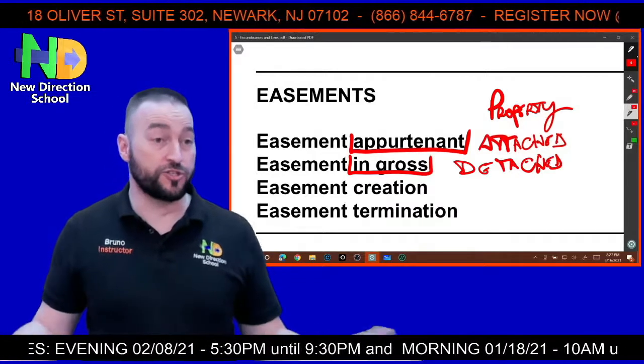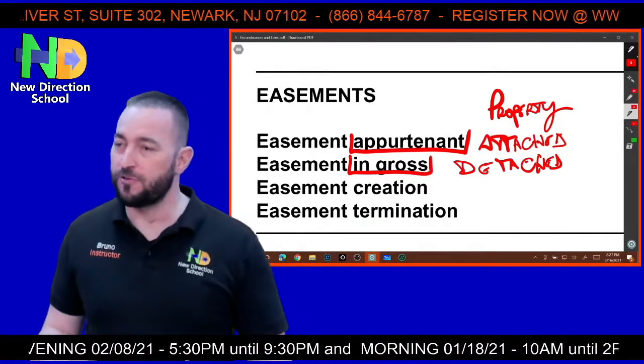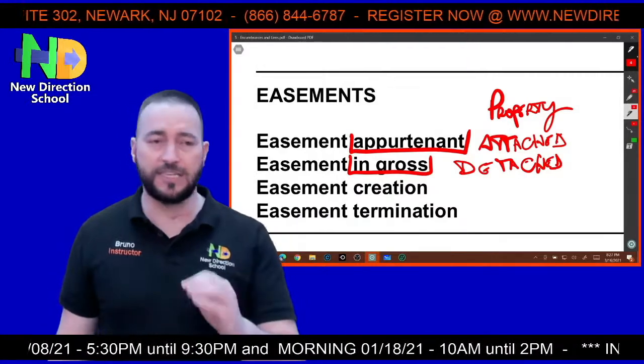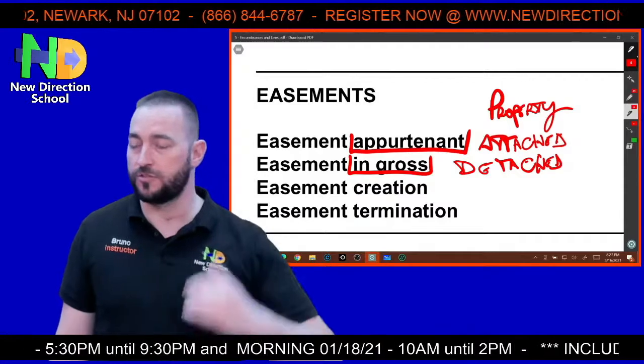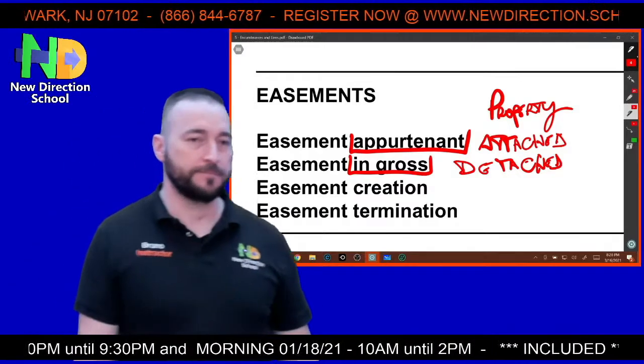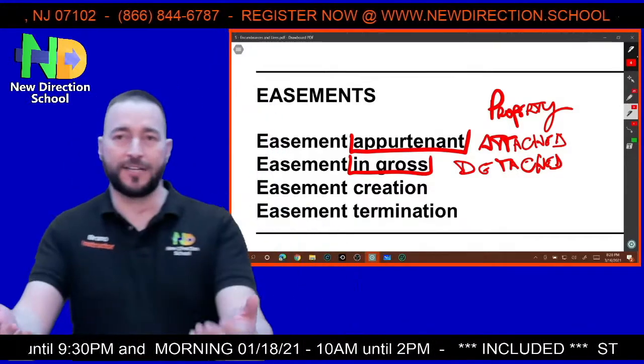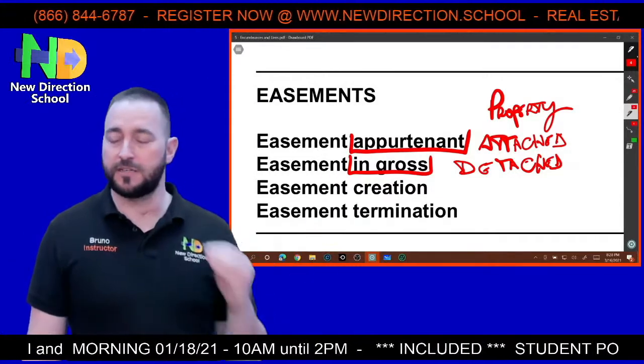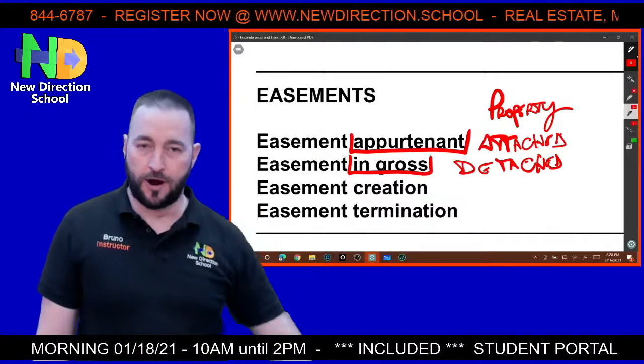Okay? So with a shared driveway, can you stop me from using the driveway? No. So I have the right to use. An easement is a right to use your half of the property. And guess what? You have the right to use my half of the property. Okay? So an easement is right to use someone else's property.